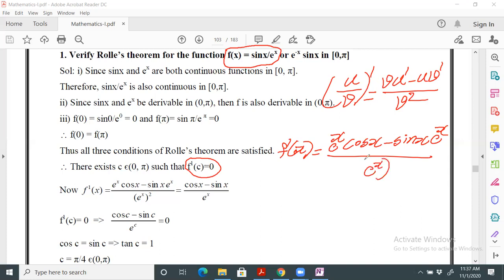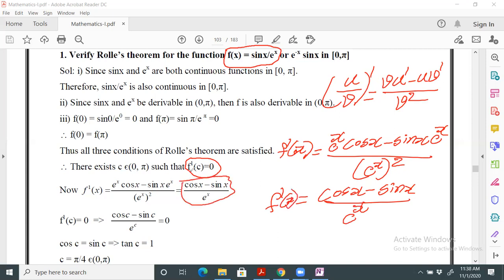We can take e power x common in the numerator, and we get e power x into (cos x minus sin x) by e power x whole square. One e power x cancels, and we get (cos x minus sin x) by e power x. So this is our f dash of x.